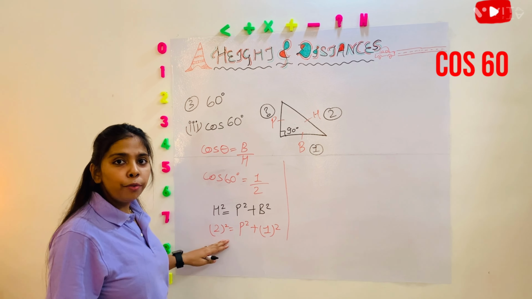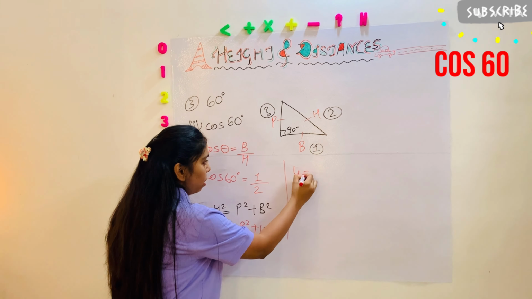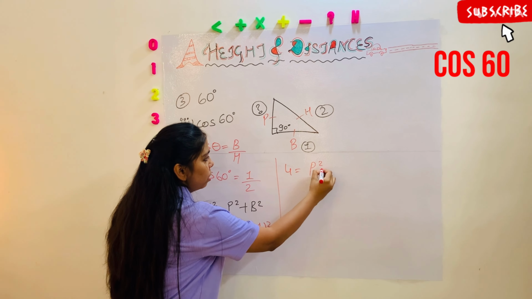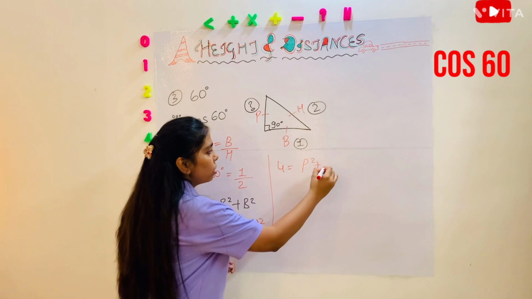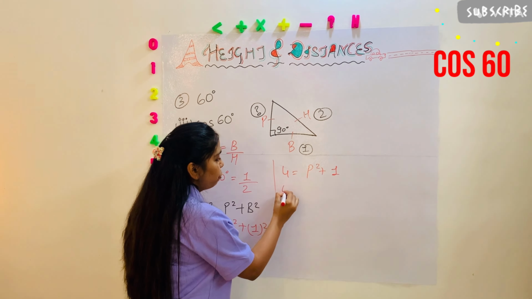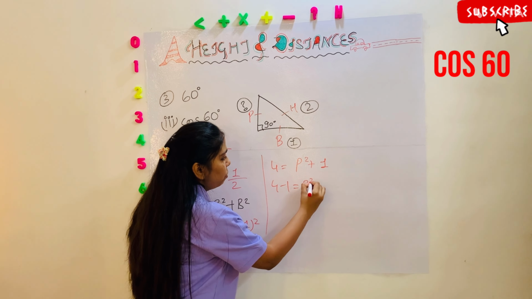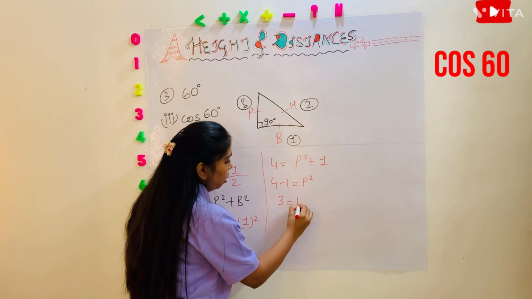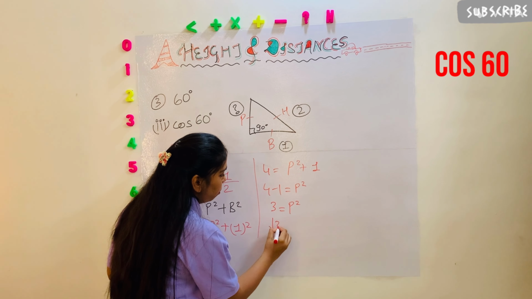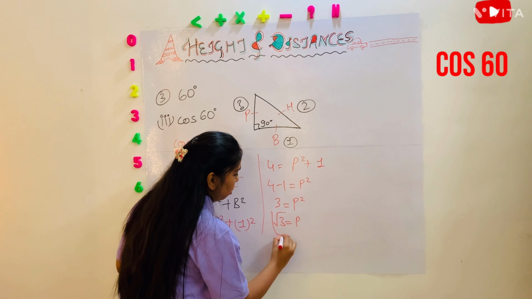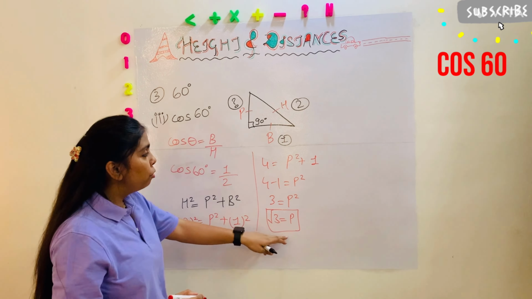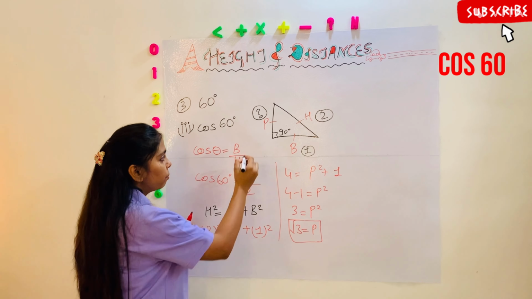The square of 2 will give 4, and the square of 1 is equal to 1. So 4 minus 1 is equal to perpendicular square. This is 3. Perpendicular square, and under root 3 is equal to perpendicular. So the value of perpendicular is root 3.